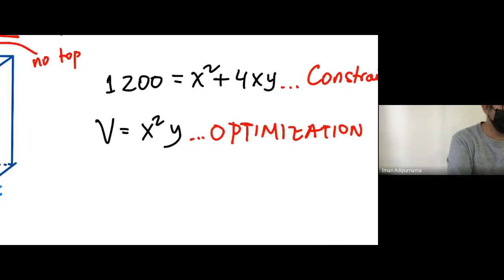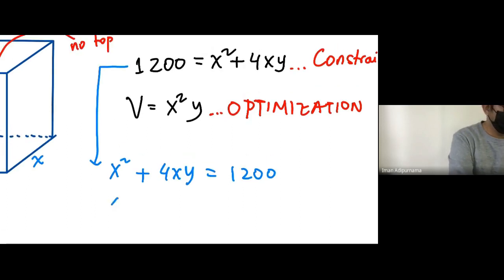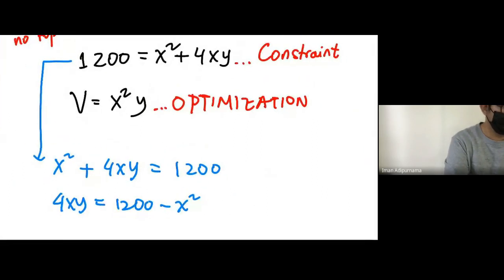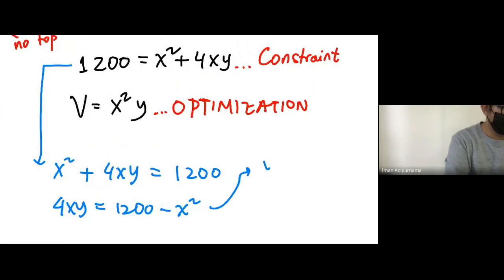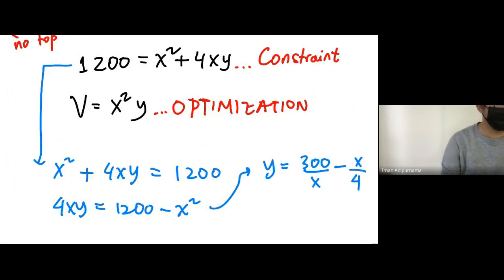So first, maybe we can take the constraint, x squared plus 4xy equals 1,200, and solve for y. y will be 300 divided by x minus x divided by 4.